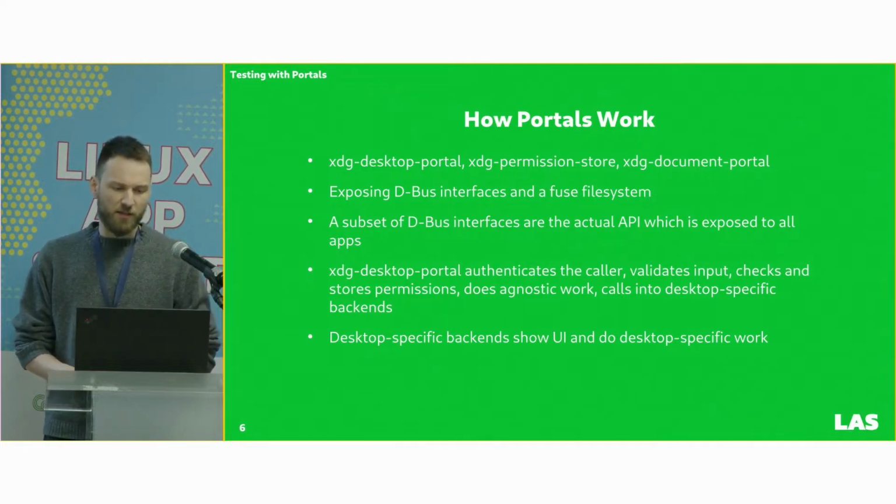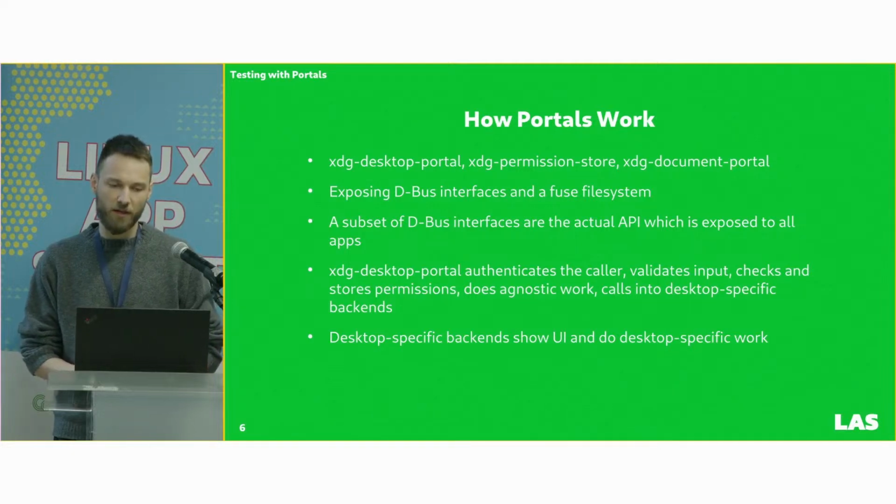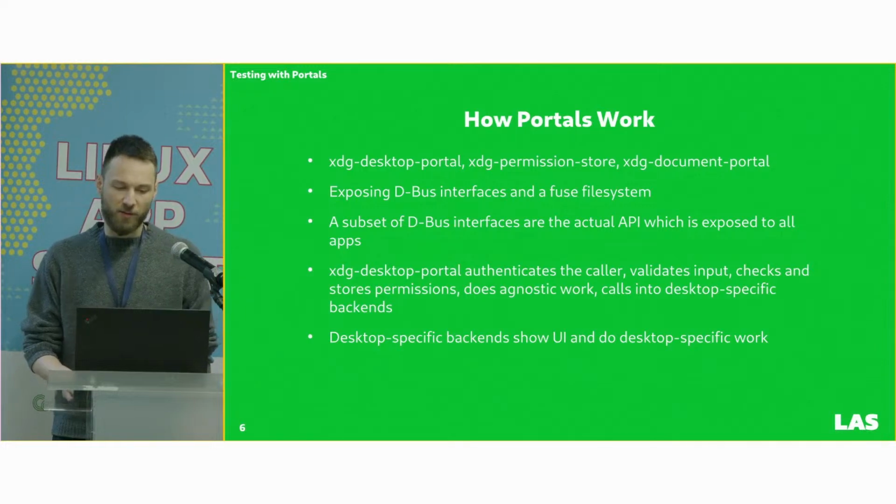The XDG desktop portal does a bunch of things. The first one is that it authenticates the caller, so it will figure out who's calling the functionality, for example, which Flatpak application and instance is calling it, and depending on that, it can make security decisions. It also validates input. It talks with the permission store.